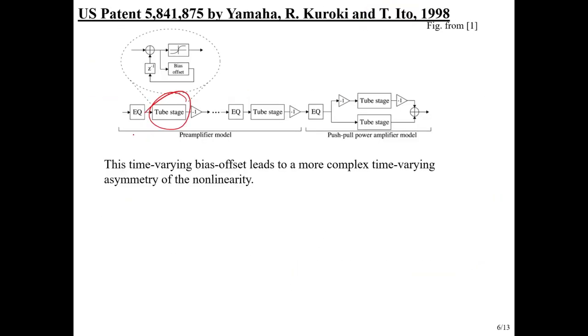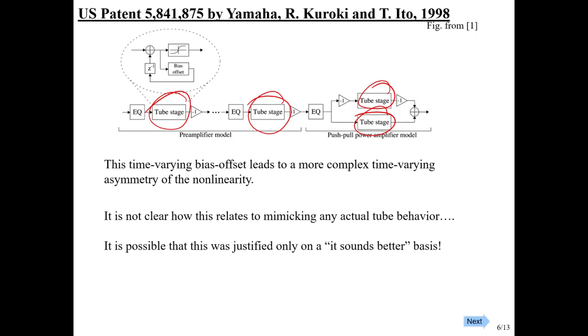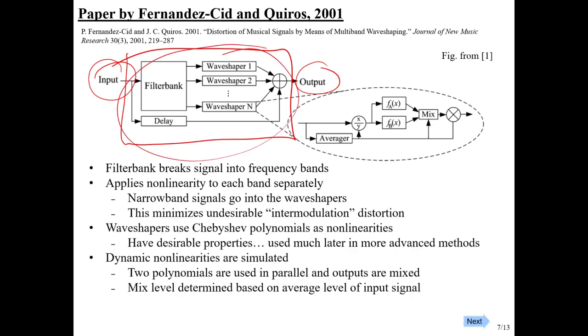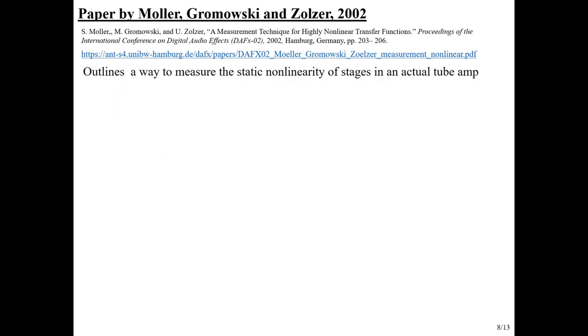We could use that idea here and here and here and here if we wanted to. So that wouldn't invalidate the Yamaha patent because we're doing something different for the nonlinearities. So that's the idea in that paper.